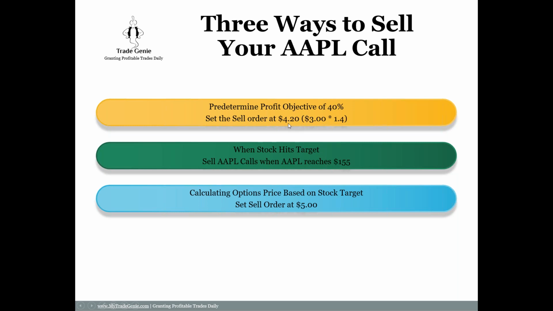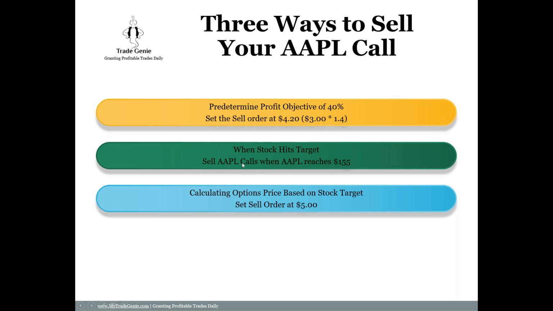So you set $4.20 as your sell order, and let's say the bid and ask is 20 cents wide. So when the ask is 4.40, your bid is 4.20, you get out. So if that's the way it works, it's fine. You can use this way.